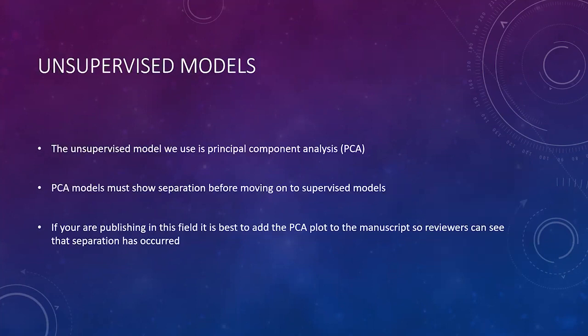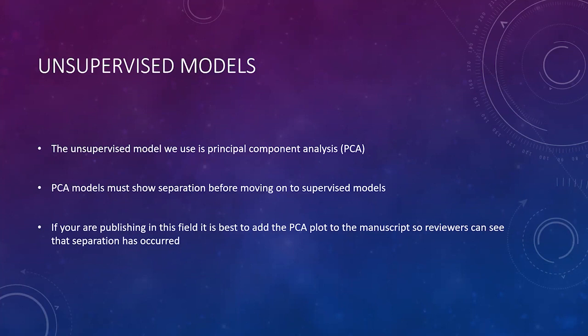Unsupervised models. Again, I said previously that I do a lot of reviews for food journals and other journals like Metabolomics and Food Chemistry, and I see a lot of errors that people make, especially with your PCA model, your principal component analysis. If you have no separation, what you're doing is over.